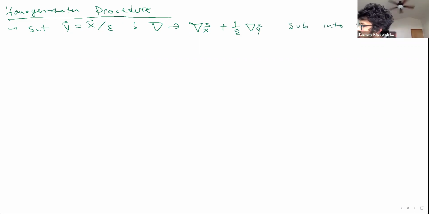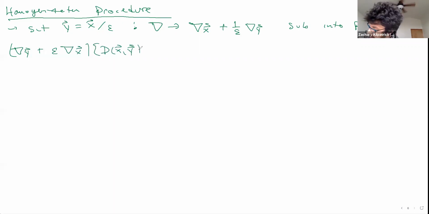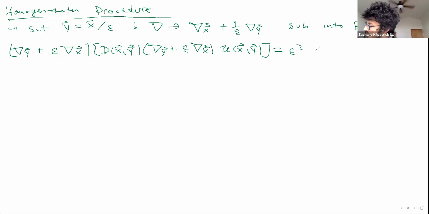And we're going to sub this into the PDE. Okay, we'll do that before we do our expansion. So the gradient with respect to y plus epsilon gradient x, D of x y, gradient y plus epsilon gradient x, u of x y is equal to epsilon squared f of x.